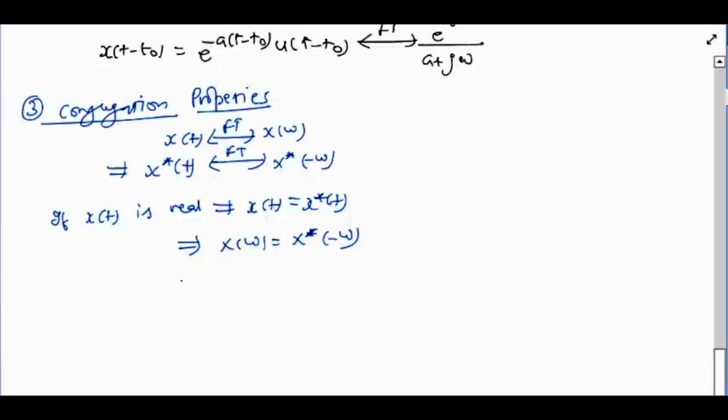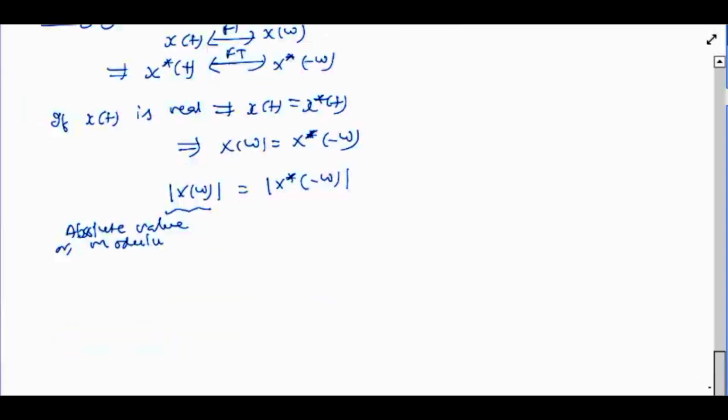Okay. In particular, if I take modulus on both the sides, we will see that the modulus of X(omega), also called absolute value of X(omega), is the same as the absolute value of X(minus omega). So this is called absolute value or modulus, or sometimes it's called magnitude or amplitude. These are all the same things.